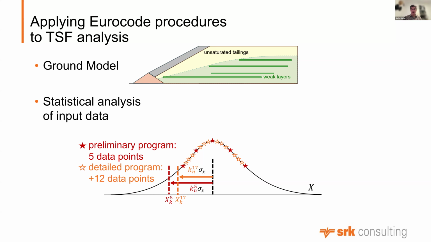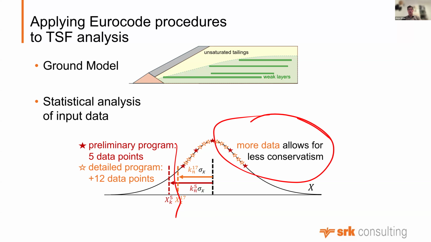So the contribution by Eurocode is that you take into account the amount of data sources, whether it's just CPT or also lab testing or something else, and the quality of the data to get to a characteristic value that is defendable. With this in place, you know that more data allows for less conservatism, which everybody knows, but it's difficult to put in practice within the context of the mining industry.